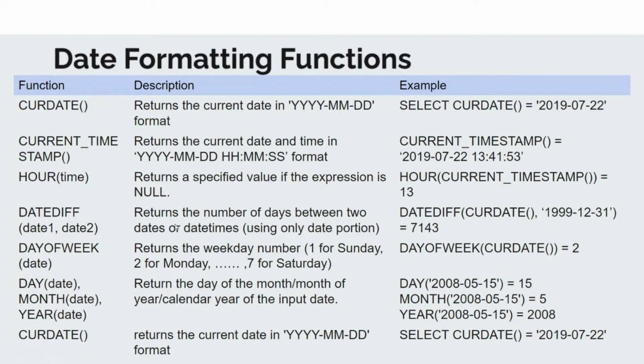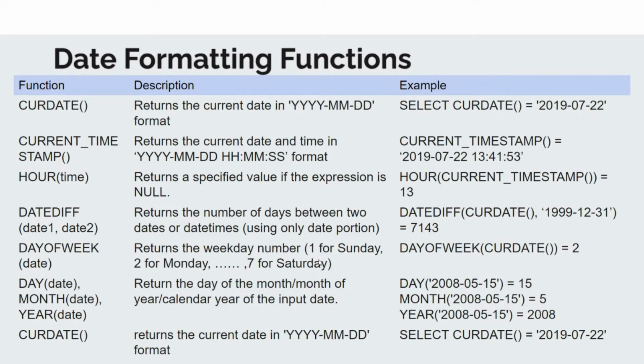Date difference, I do this a lot too. Say you wanted things in the last 30 days, you could do current date between current date and current date minus 30, and that gives you everything in the last 30 days. I often use that in a where clause also to limit what records are being returned.